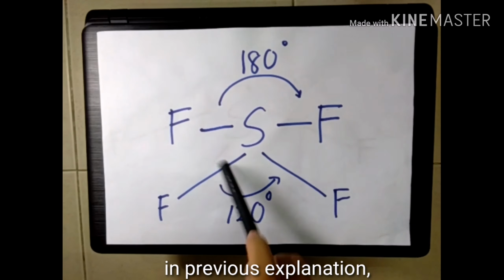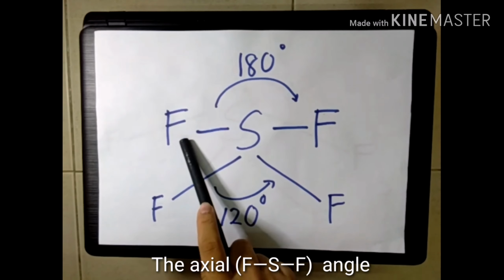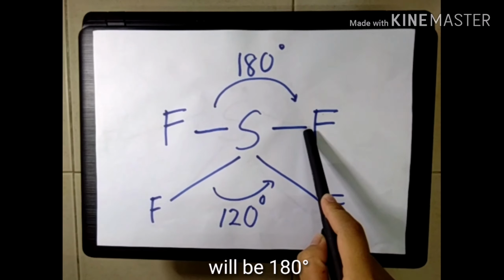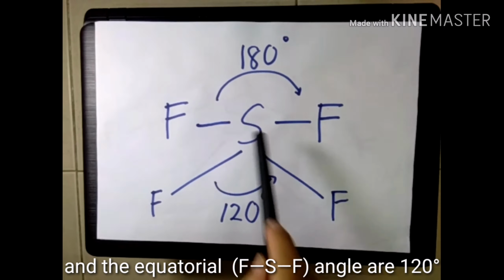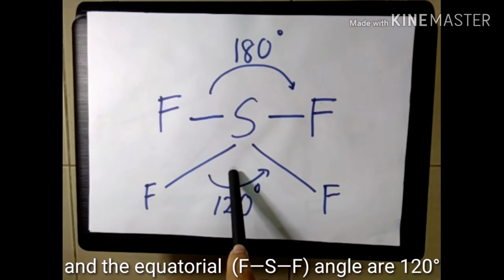In the previous explanation, the axial FSF angle is 180 degrees, and the equatorial FSF angles are 120 degrees.